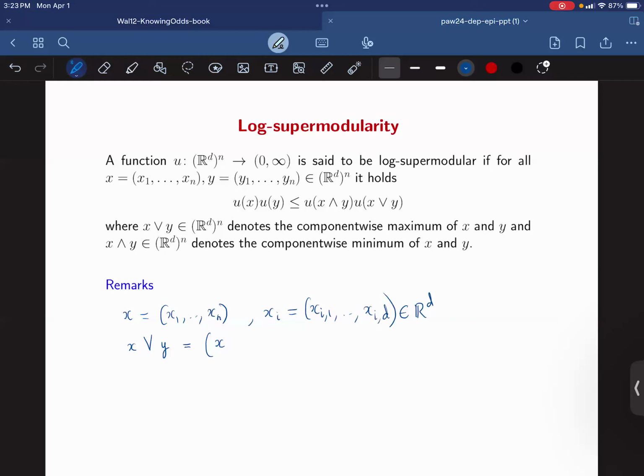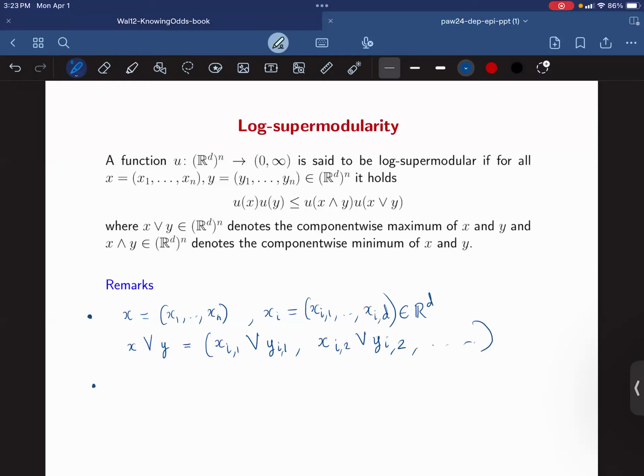Then this is going to be xi1 max yi1, and so on, just component wise. So yeah, it's a component wise maximum.